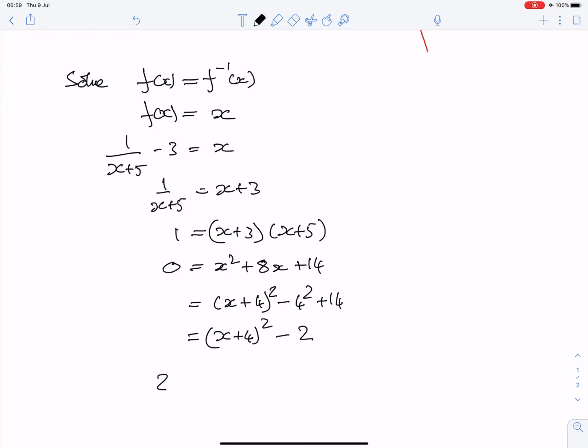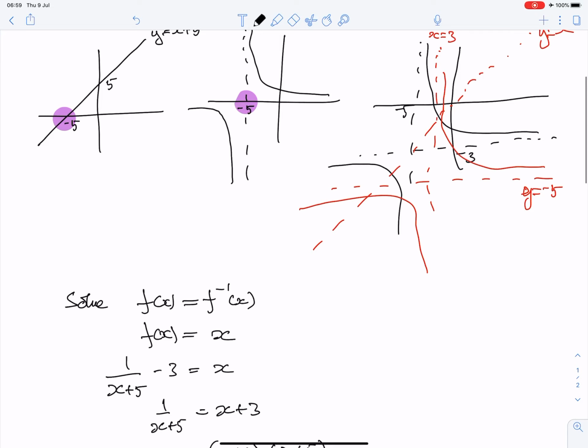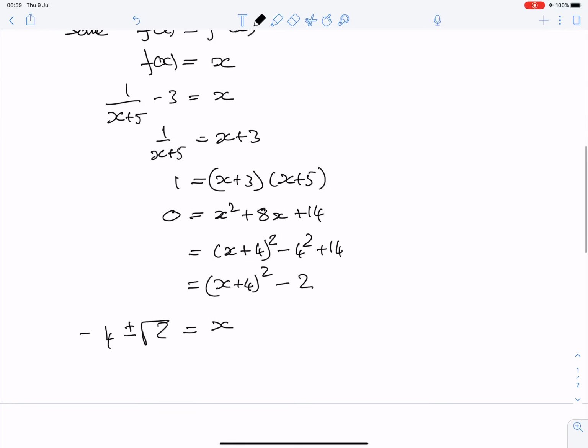So root 2 plus or minus 4 equals x as the points of intersection. Two possible solutions. Both of them look like they're negative on the sketch, which fits with what I've got here.